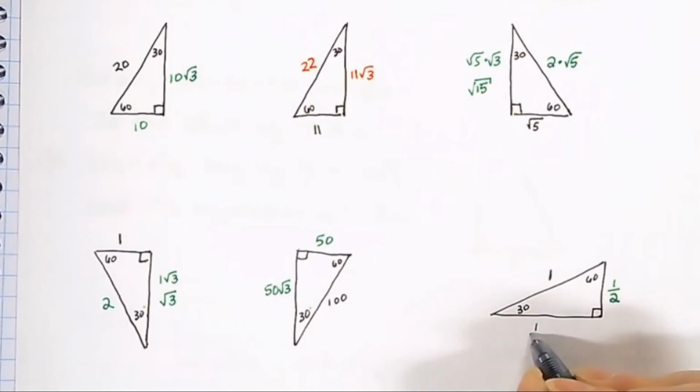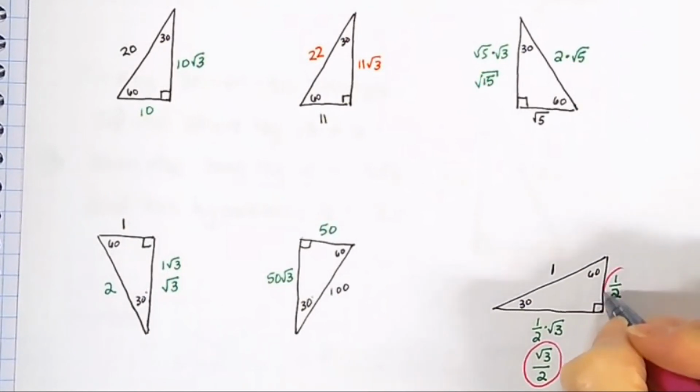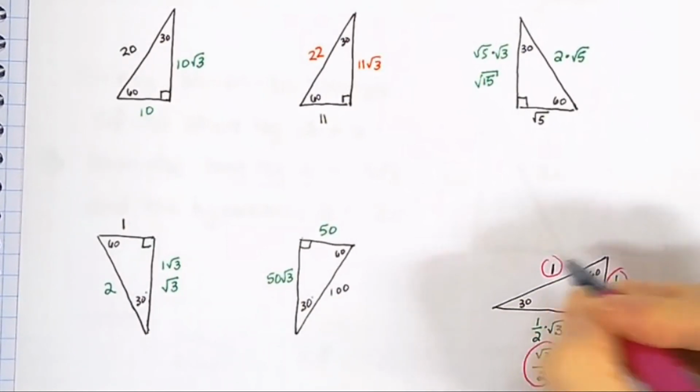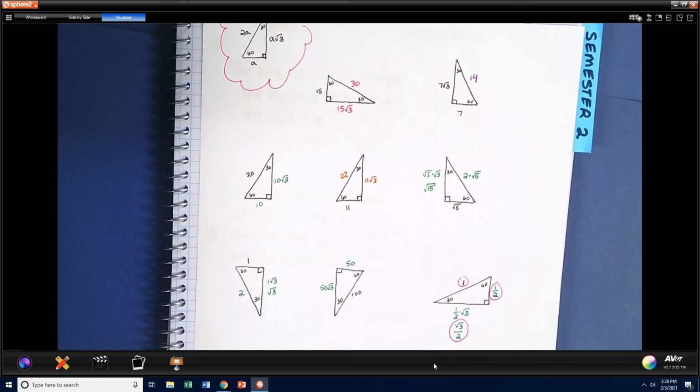So it's just going to be 1/2 times the square root of 3. But we usually write that square root of 3 over 2. It's the same thing, really, but you'll see it written this way more often. So this last example is probably the most famous 30, 60, 90 triangle that you will see.